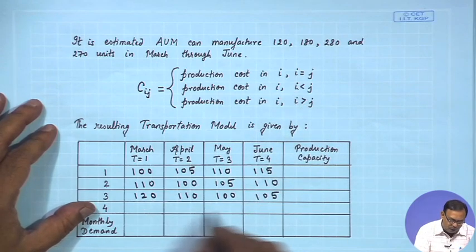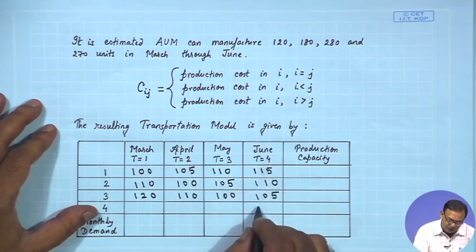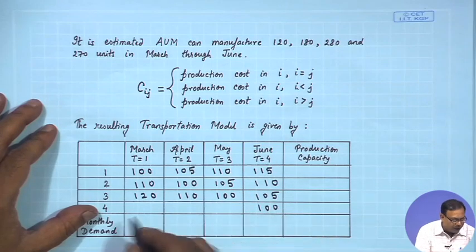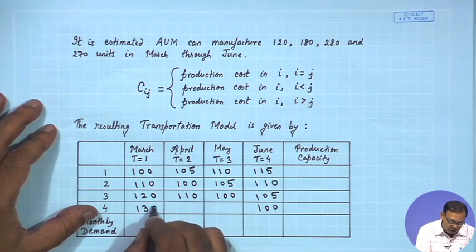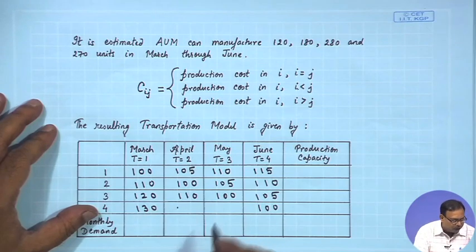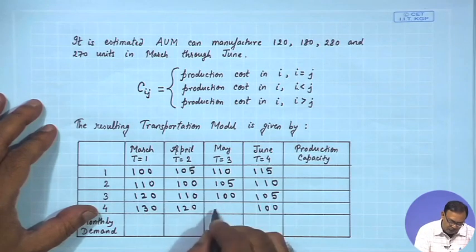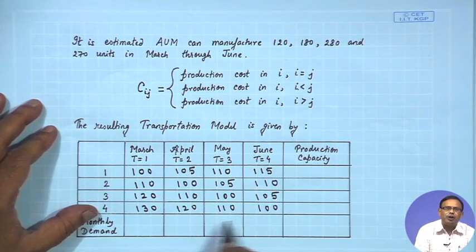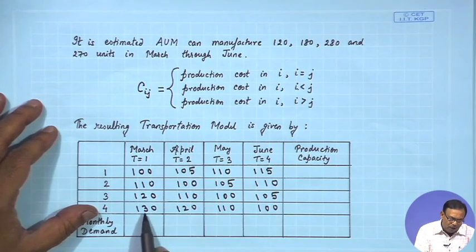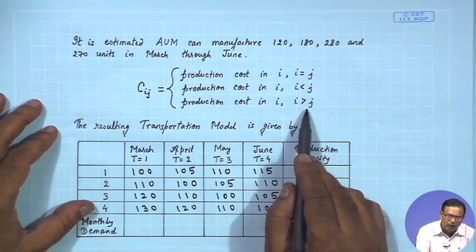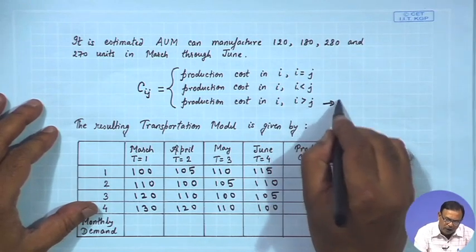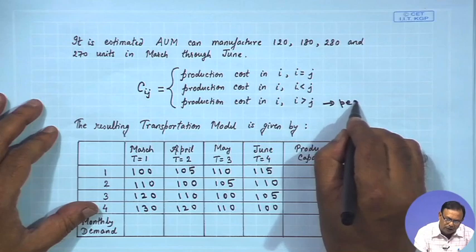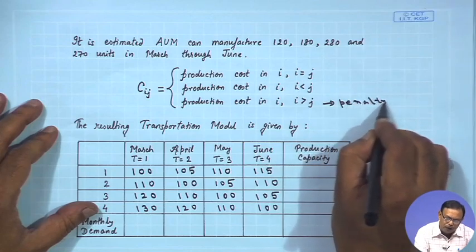So, in number 4, again 4 and 4, it will be 100. And here it will come 130, 120, 110 and 100. It is reducing by 10 rupees, because for all these cases, whenever i is greater than j, you are giving a penalty of rupees 10.